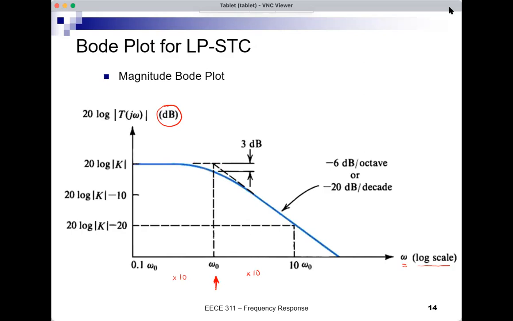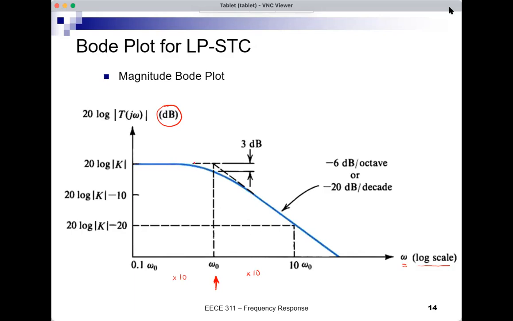So before omega 0, the gain is almost constant at 20 log K. K is the low frequency gain. For frequencies much less than omega 0, the gain is almost constant, as you can see, at 20 log K, so K in dB.